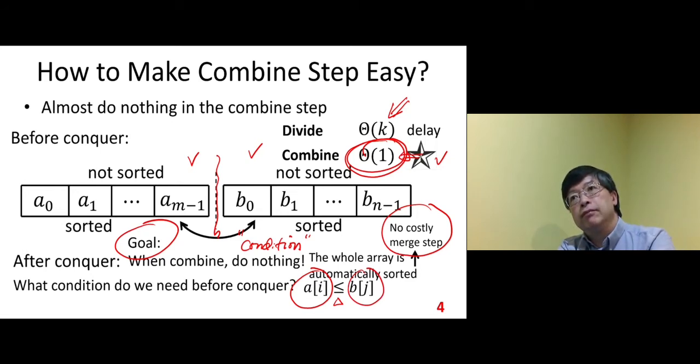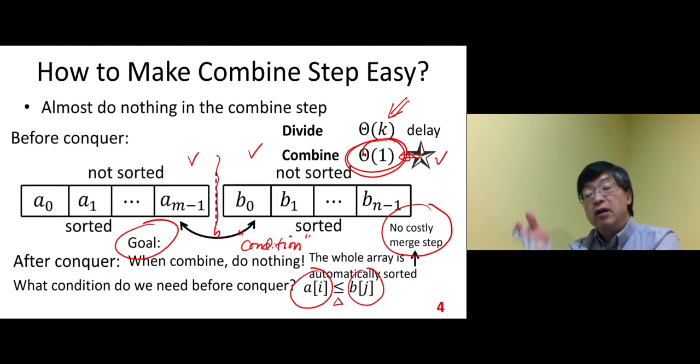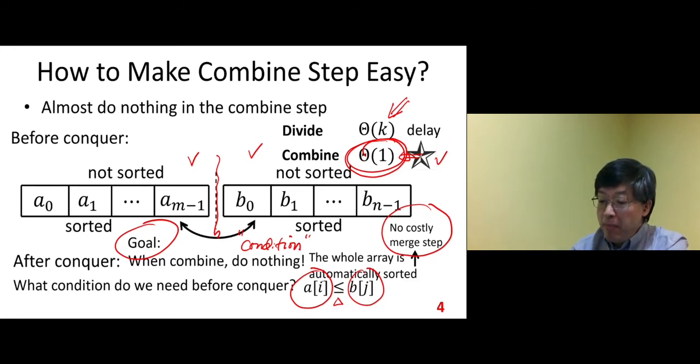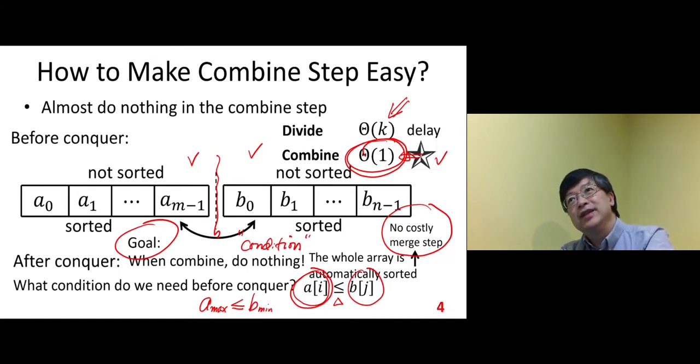If this condition is satisfied, and the A array is sorted and the B array is sorted, then A max, the maximum element in the A array, is still less than or equal to the minimum element in the B array. So now you put them together, you get the whole array sorted. That's the condition we want to have.